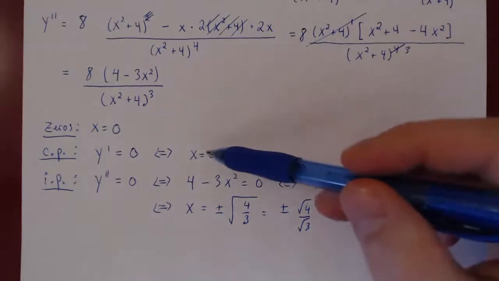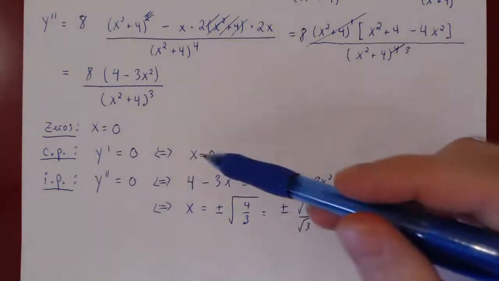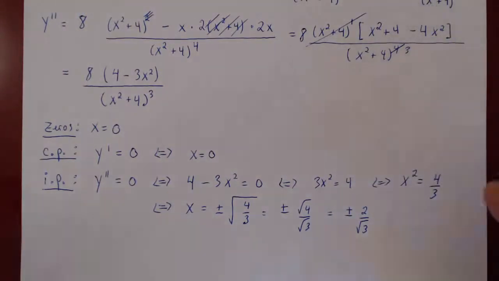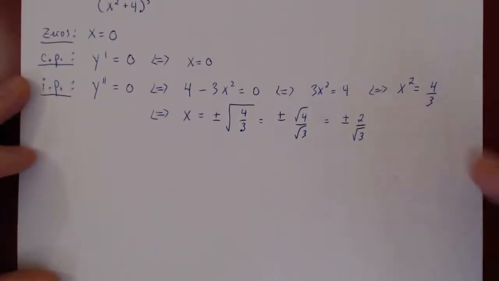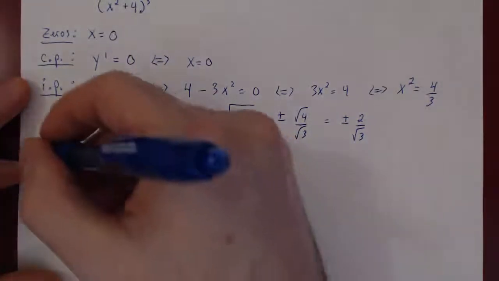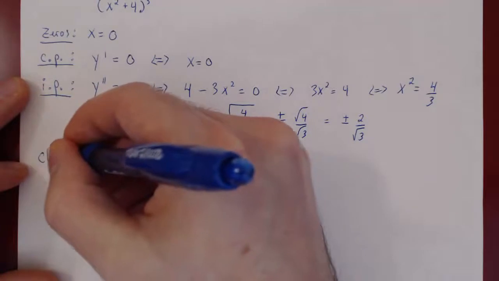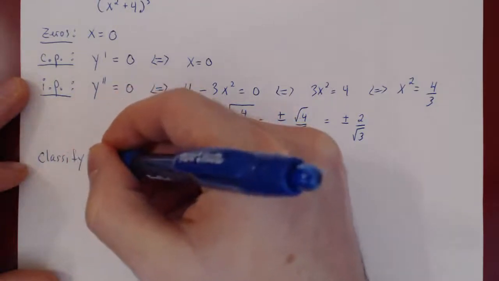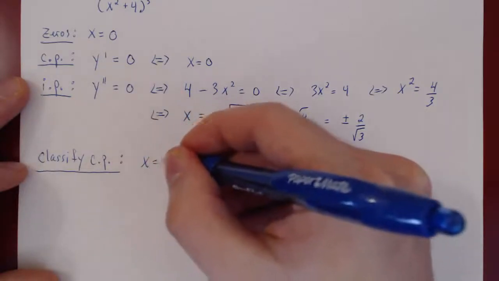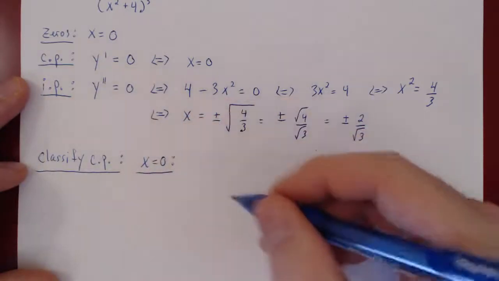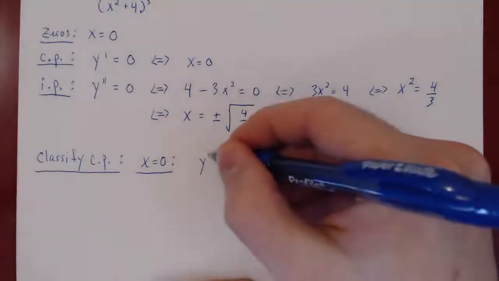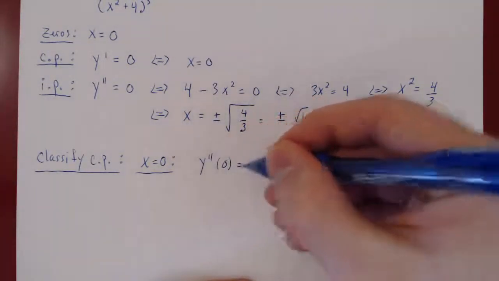Well, then we want to try and classify our critical points. Since at x equals 0, the derivative is 0, will we have a local maximum or a local minimum? So we classify our single critical point. And again, because we're looking for concavity at this point, we look for the second derivative at x equals 0.